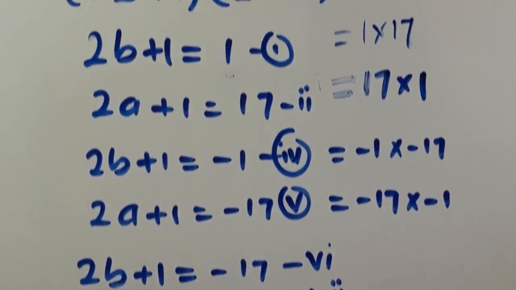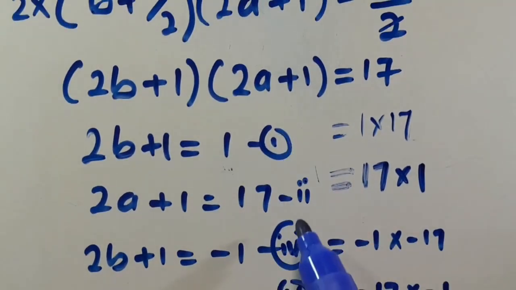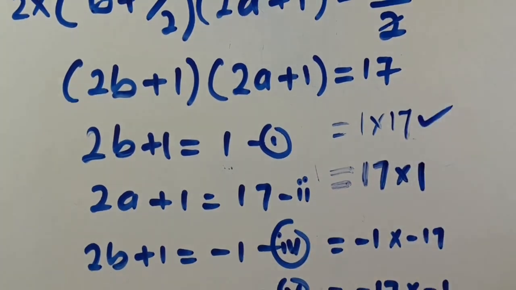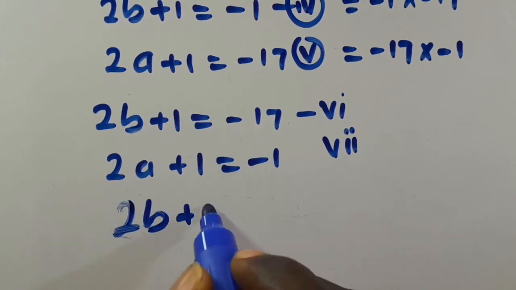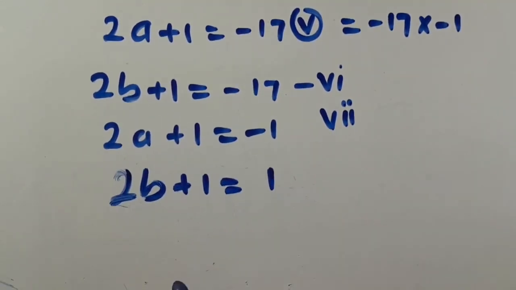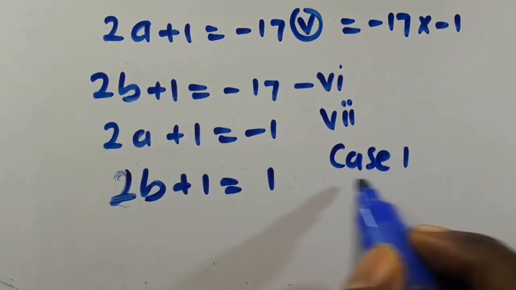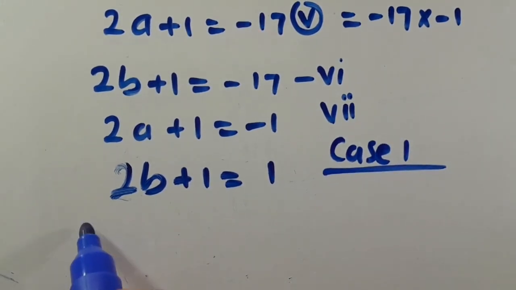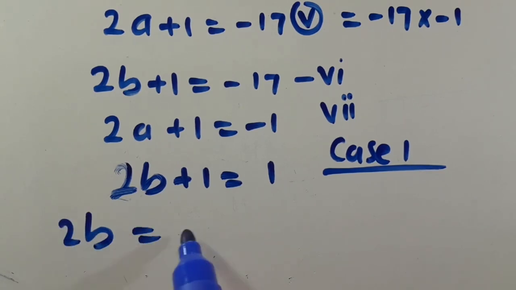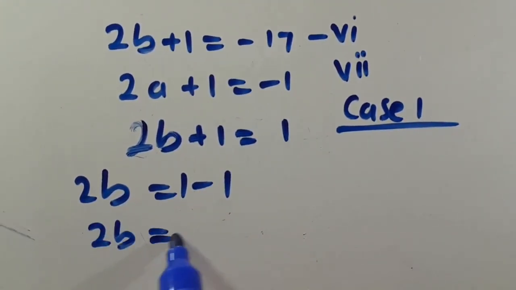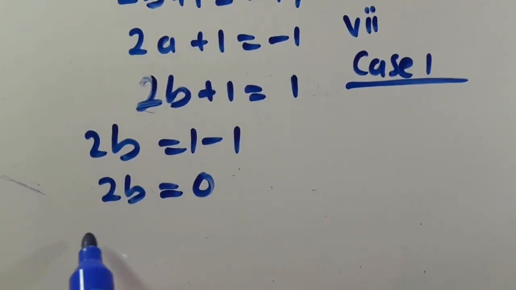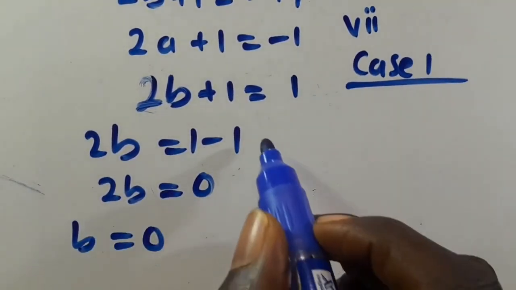Then let's start from equation 1 and 2 that goes along with this. Then we have 2b plus 1 to be equals 1 from case 1. So we have 2b to be equals 1 minus 1. When this one goes here, then we have 2b to be equals 0. Therefore, our b will be equals 0 for this.